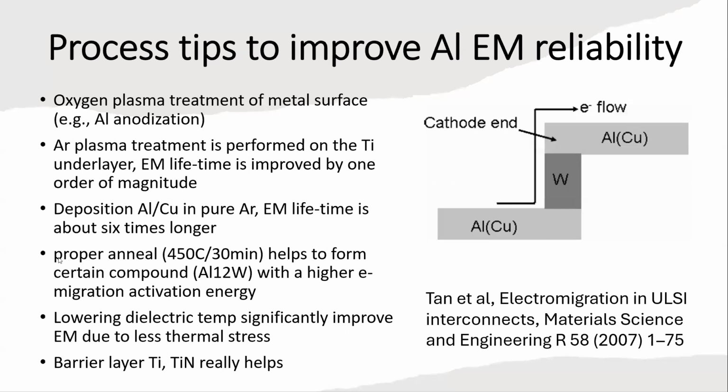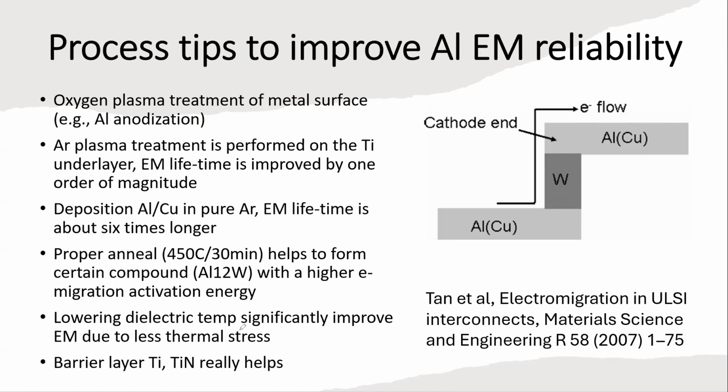This proper anneal may not be happening for your packaging, and it may not be the same temperature or the same time duration, but the idea of forming a compound makes it stronger, stickier in a sense. With the higher electromigration activation energy, then your EM will be better.